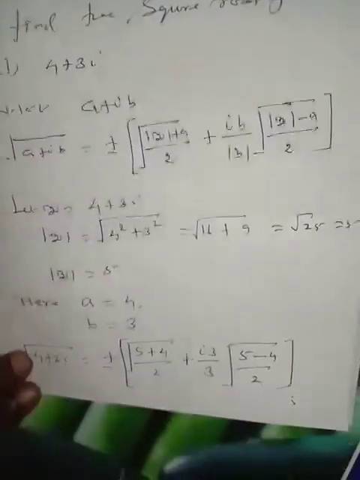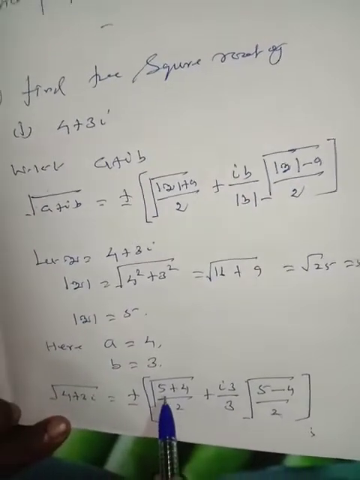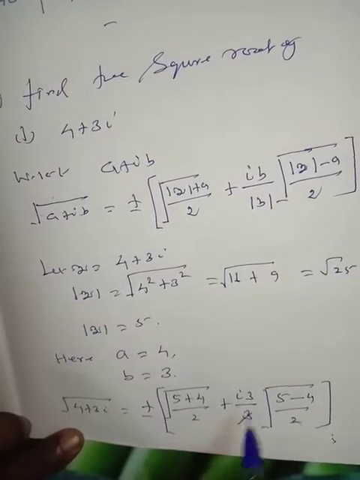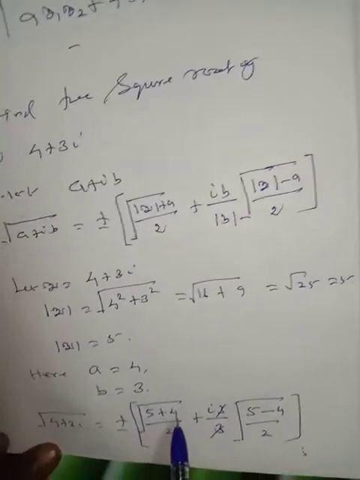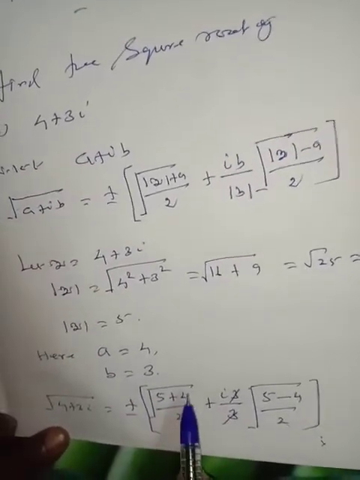Now 5 plus 4 is 9, and the square root of 9 is 3.